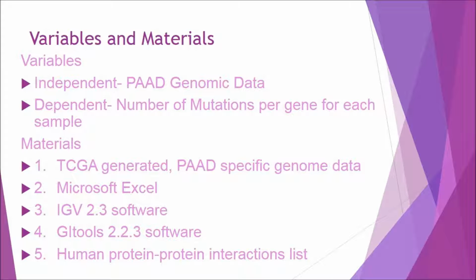Now, since this is mostly computer-based research, our materials were pancreatic cancer-specific genome data taken from the Cancer Genome Atlas, which is a free online database. Number 2 was Microsoft Excel. Then I needed 2 software tools, IGV 2.3 and GI Tools 2.2.3.